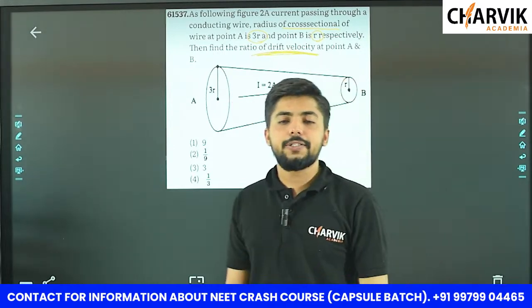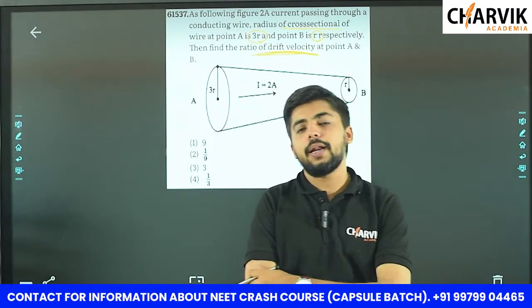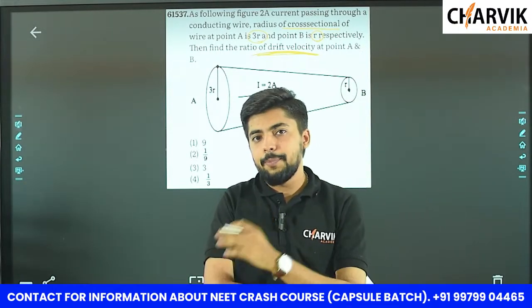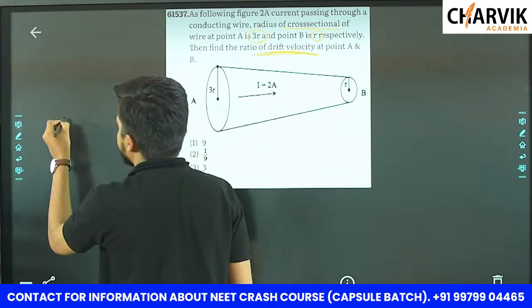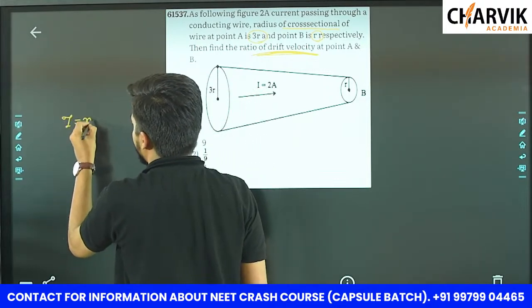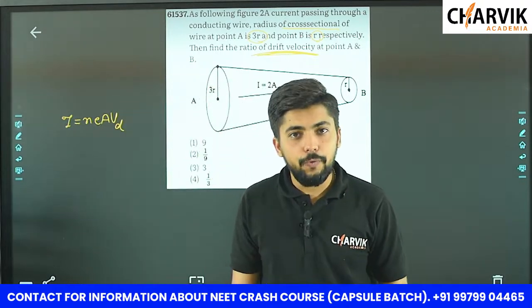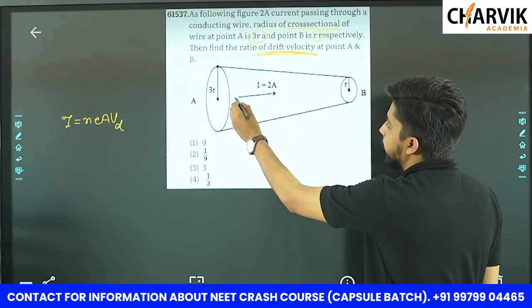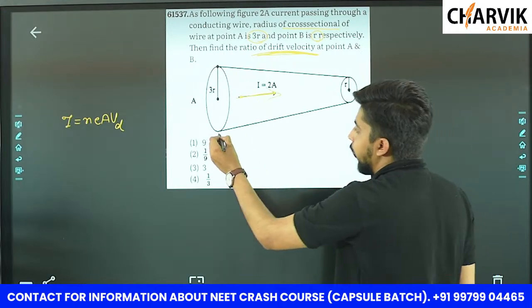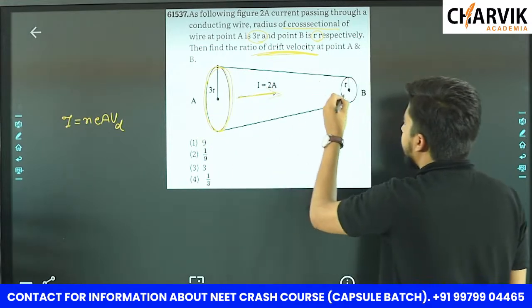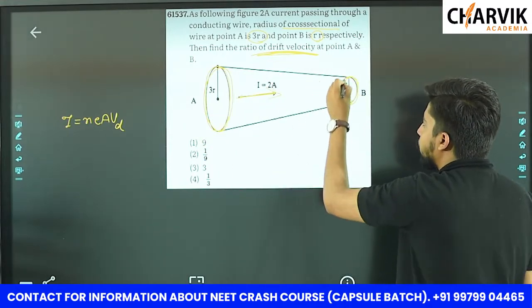Now to find this, you need to remember the relation between the drift velocity and the current, which is given in chapter number 3, standard 12. And you guys are aware that the relation between them is I is equal to nEAVd, where Vd is the drift velocity. Now value of the current is given, which is 2 ampere. So we can say current of 2 ampere is passing from this cross sectional area, as well the current of 2 ampere is passing from this cross sectional area.